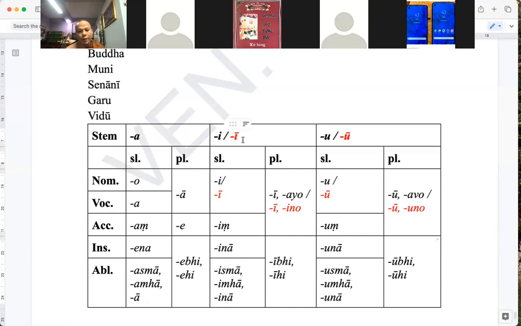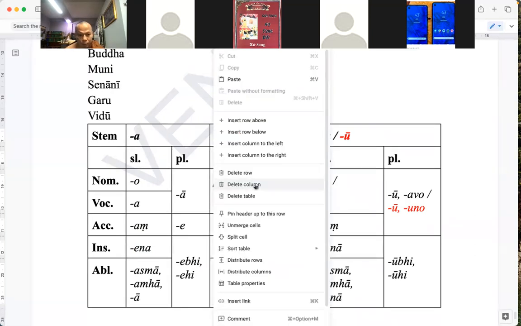And then for the senani, for the nominative case singular, senani, and the plural senani no. Okay. So sorry, the vocative case should be different.